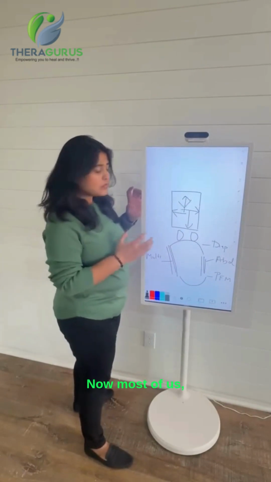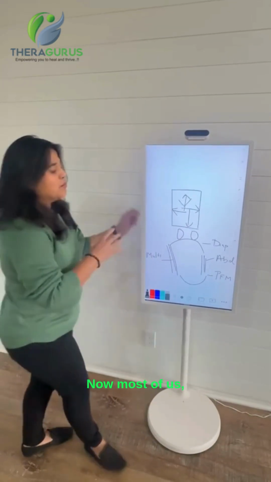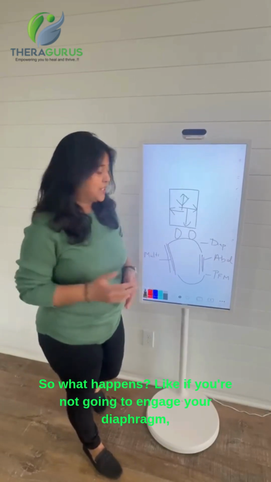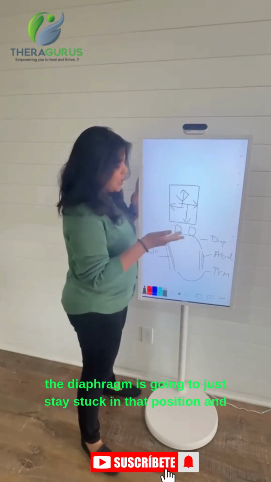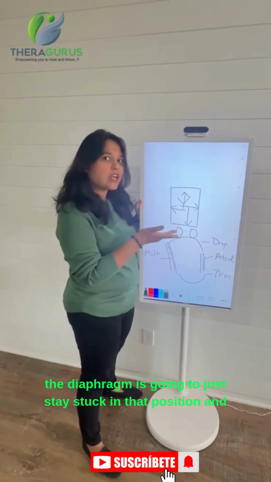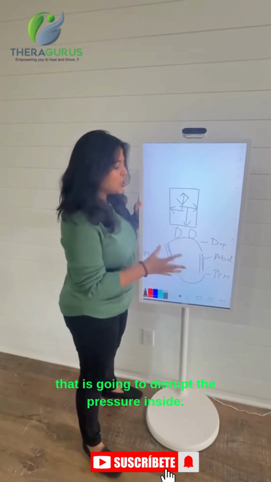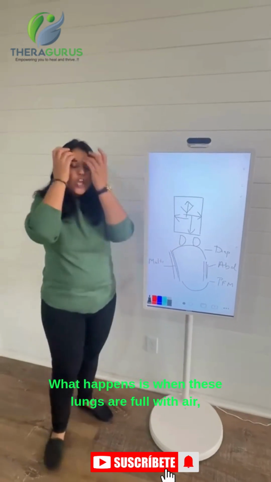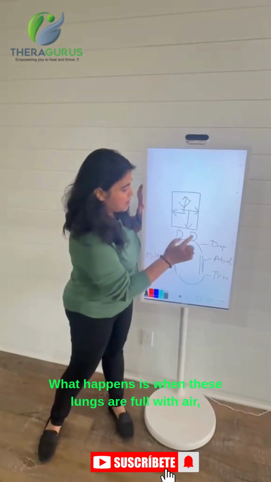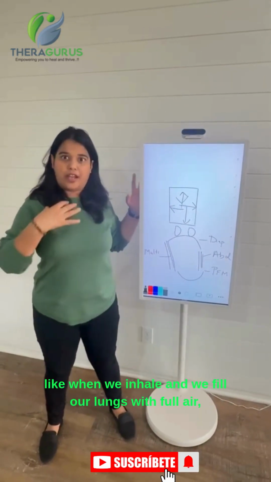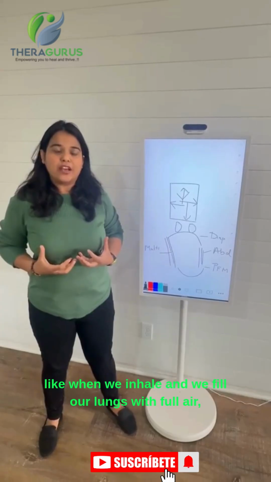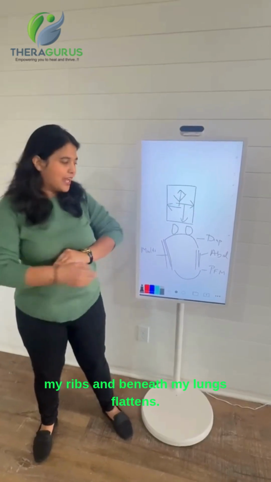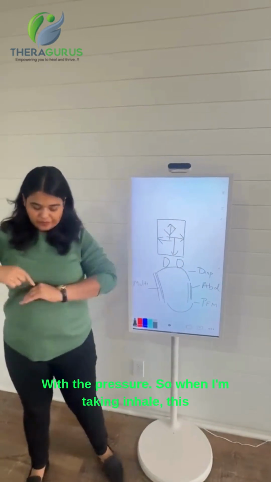Now what happens is, most of us, when we breathe, we don't engage our diaphragm. If you're not going to engage your diaphragm, it's going to just stay stuck in that position, and that is going to disrupt the pressure inside. So I'll explain quickly how that works. When we inhale and fill our lungs with air, the diaphragm that's sitting right beneath my ribs and beneath my lungs flattens with the pressure.